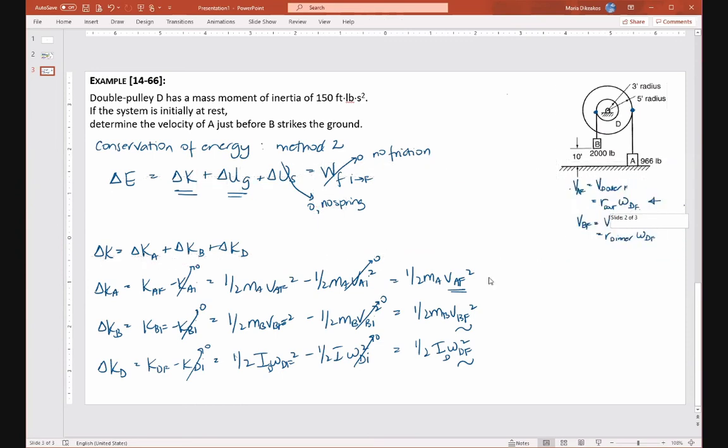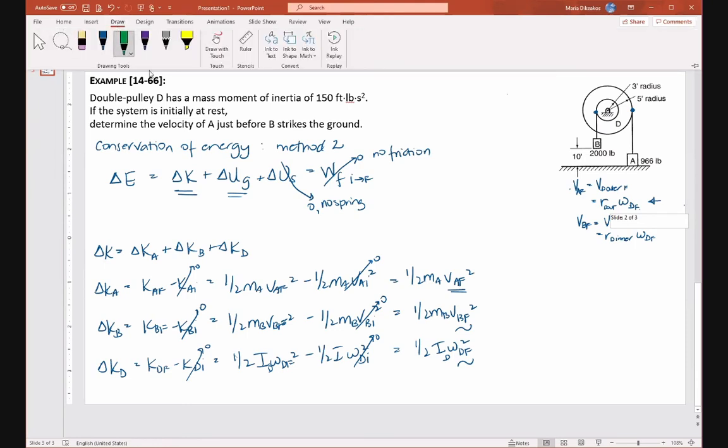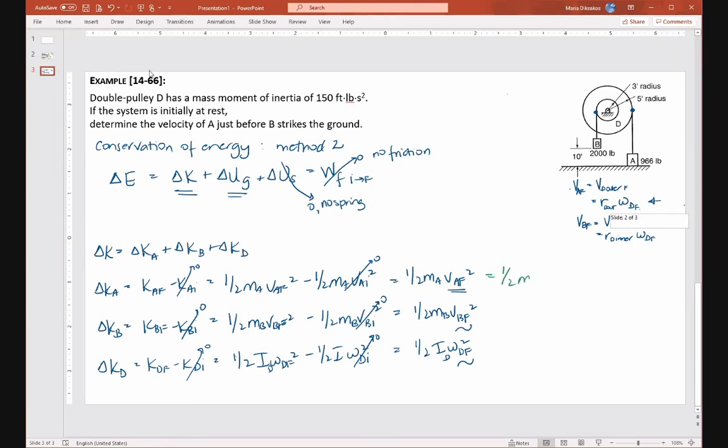So here, this is going to become 1/2 MA. Our VA, we're going to write it as RD out, omega DF. Why did I put a square? Oh, yes, I know why. Instead of writing RD out, I'll just write DO so that we don't have to write the whole word.